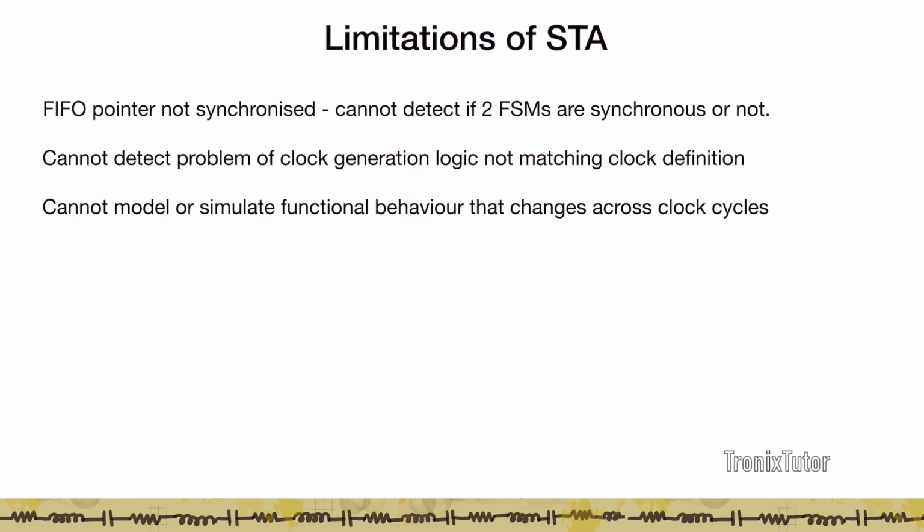Clock is something which goes in as an input, so any issues in the clock cannot be detected by just the STA. And it cannot model any functional behavior that might change across clock cycles. So STA has to be used carefully. Typically for sequencing you tend to use STA, but you need to remember that STA will break, especially when it comes to any issues related to clocks or non-ideal digital circuits.